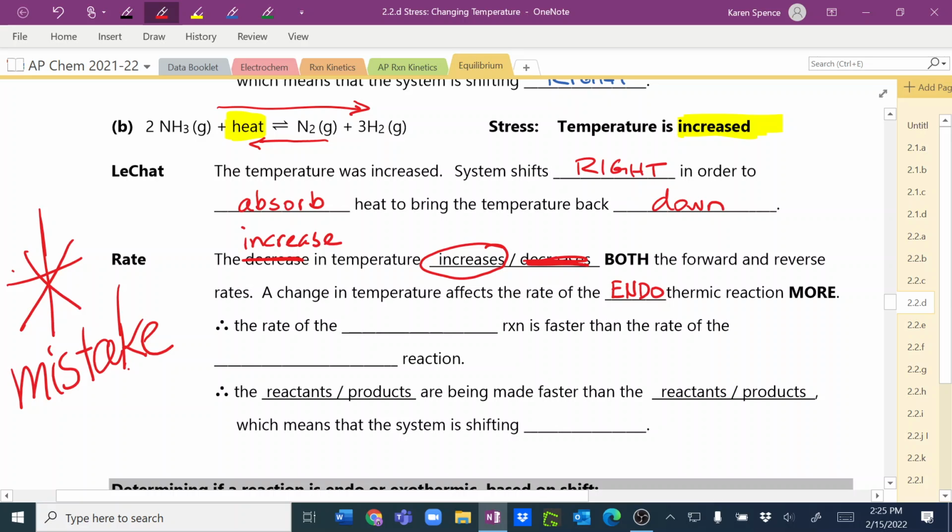Yes? Yes. It doesn't matter, but you should work with whatever you're given and not randomly switch things up. In this case, the way it's given, the NH3 is the reactants, and the H2 and N2 are the products.